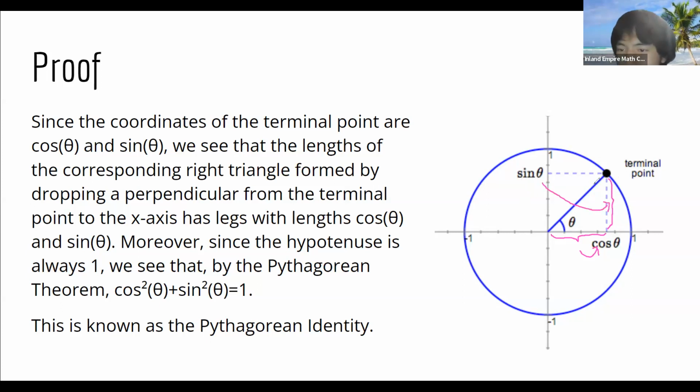But since this is a right triangle, and we know that the hypotenuse is always 1 because we're talking about a unit circle, we know that this value squared plus this value squared is equal to this value squared, right? So in particular, you know that cosine squared plus sine squared is equal to 1. This is known as the Pythagorean identity. And thus, given the cosine of any angle theta, you will be able to calculate sine theta by plugging in one of the values and solving for the other.